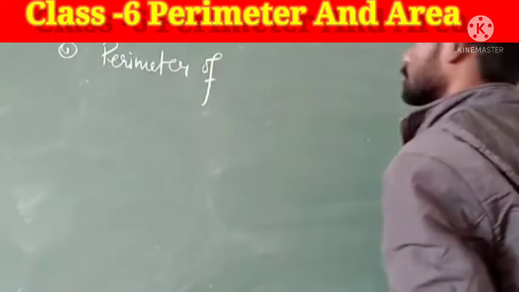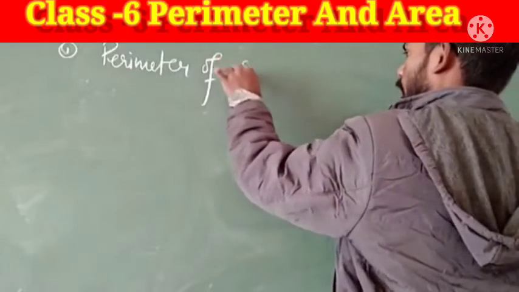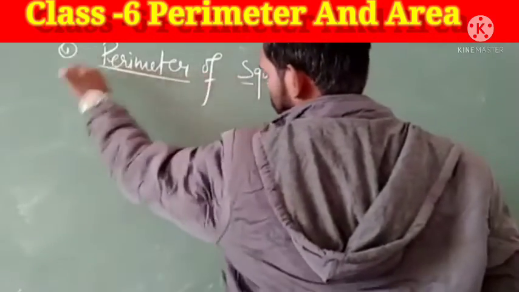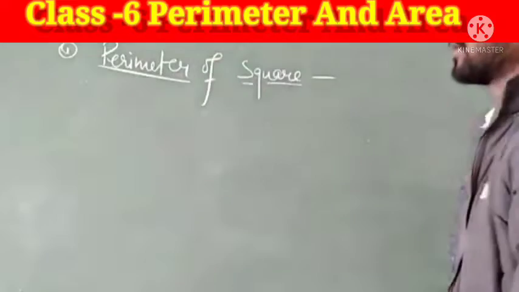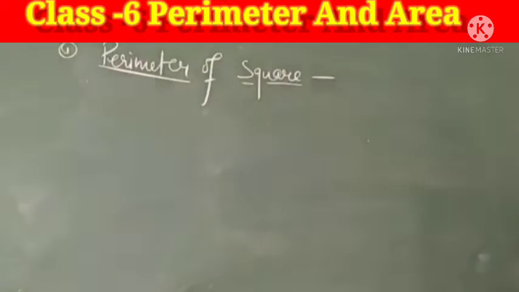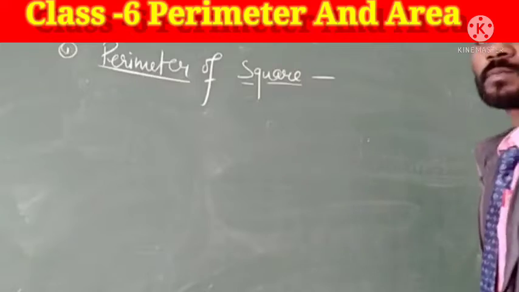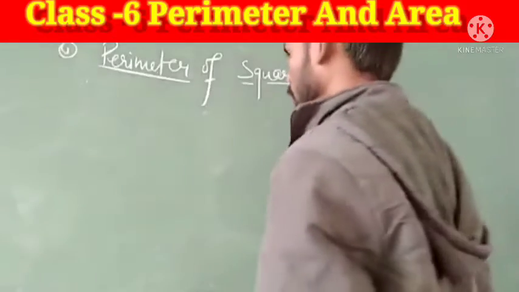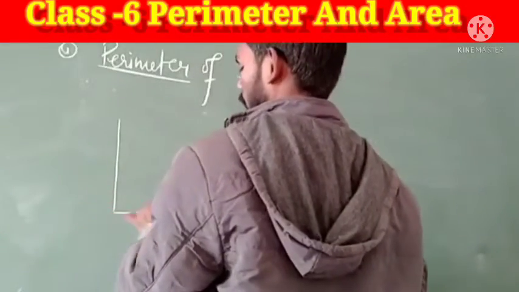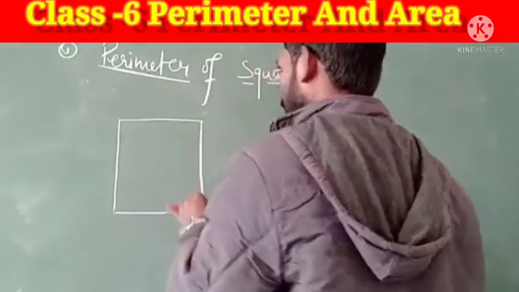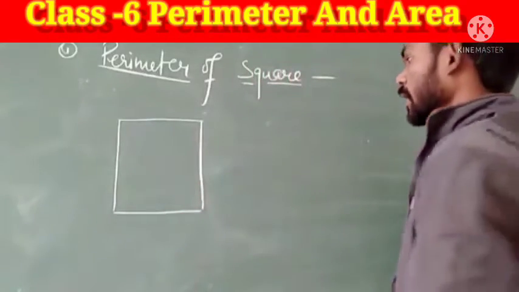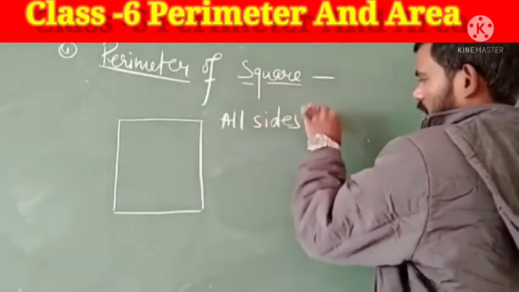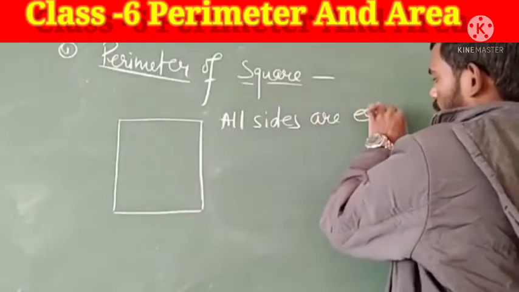Now we shall discuss first the perimeter of a square. In order to derive the formula of the perimeter of a square, first of all we have to know how the square looks. So when we draw a square, we can see that all sides are equal.